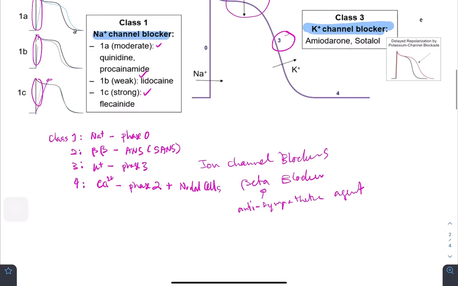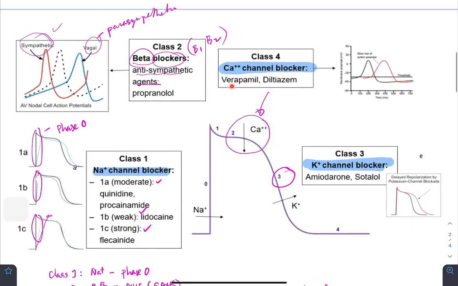Because you remember that action potentials of the nodal cells is different from the contractile ventricle muscle cells, which is this one.